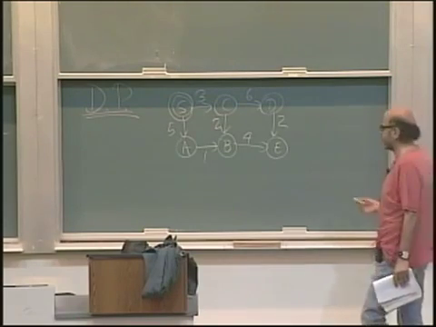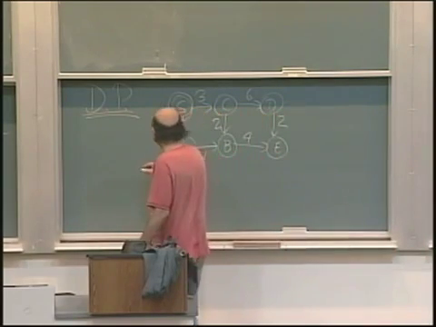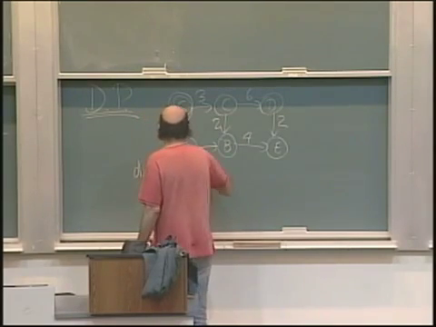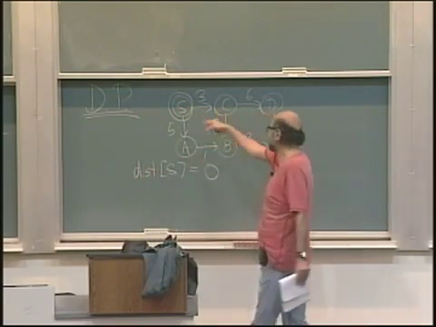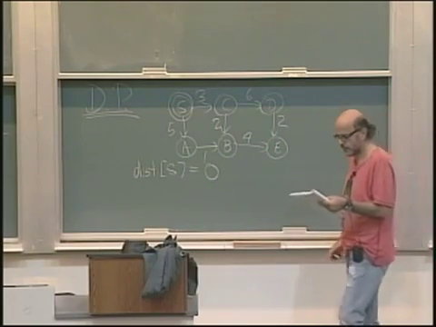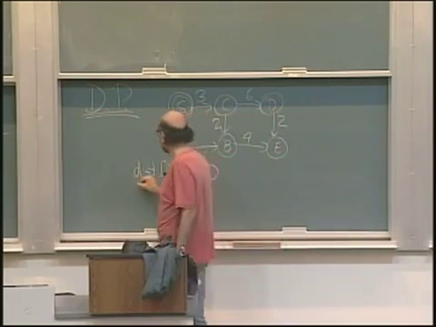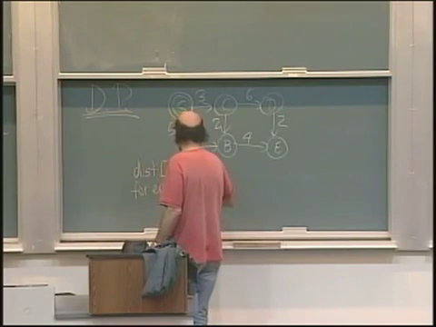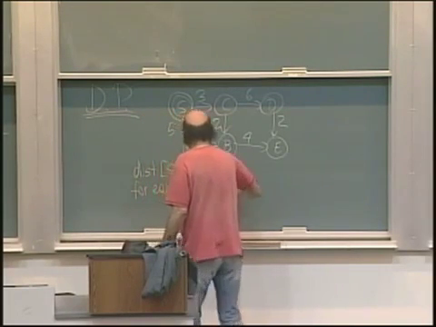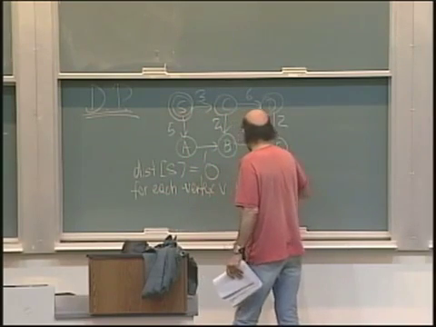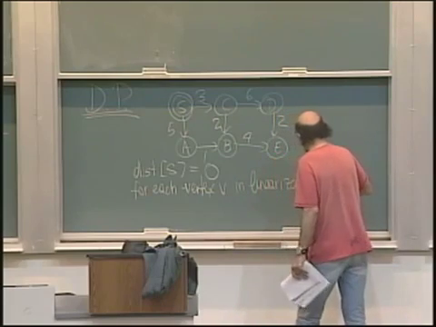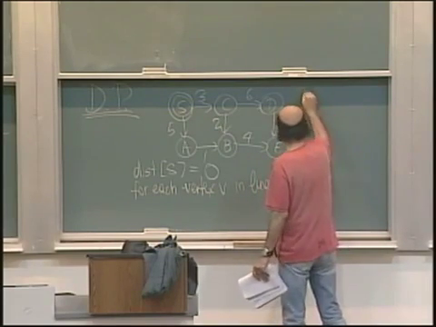I'm going to write the code for it. You set the distance of S to 0, and then you do the following. For each vertex V in linearized order. Let's remember, this is a DAG, right?